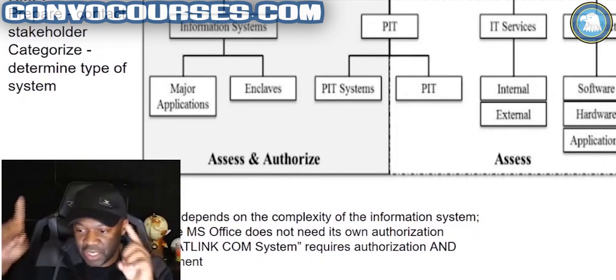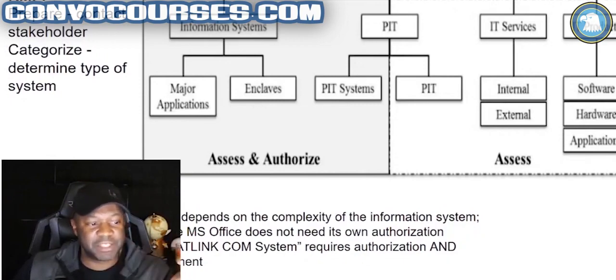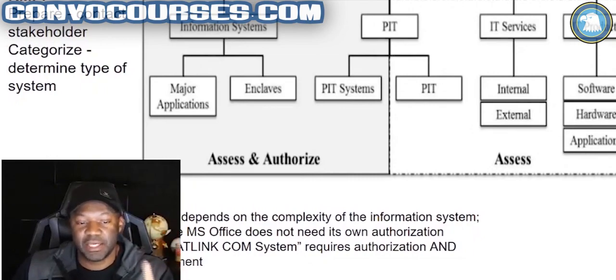This is how they break it up. You have information systems, and I'll give you examples of these, you have PIT, which is Platform Information Technology, you have IT services, and you have IT products.